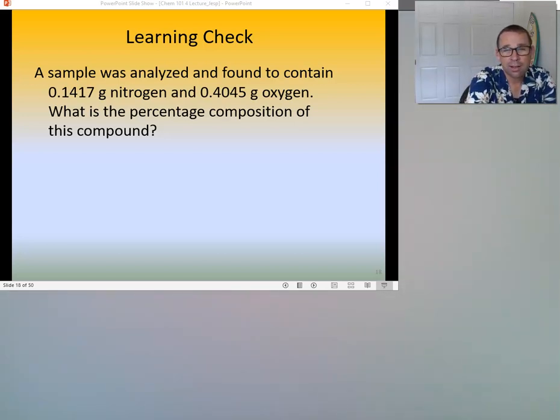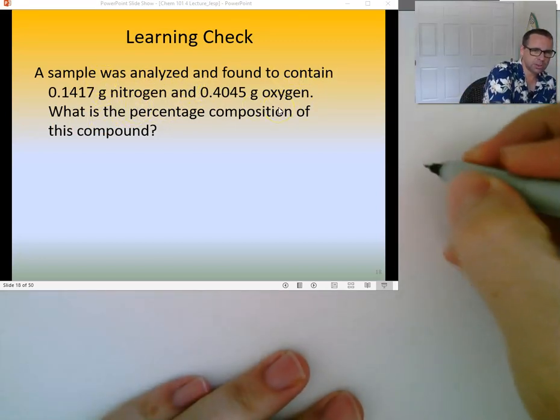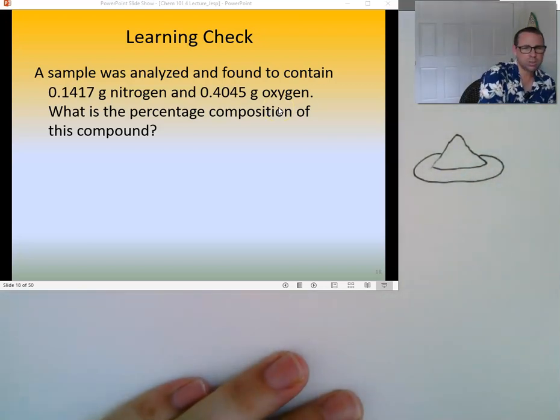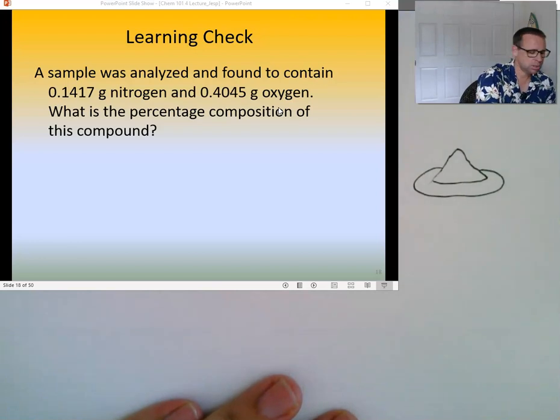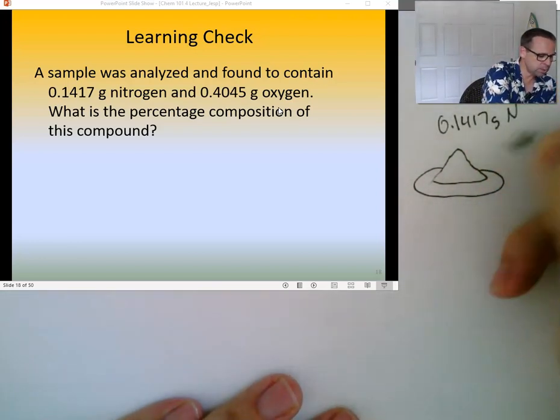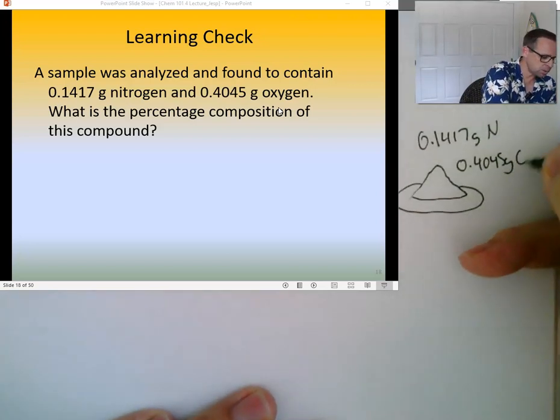I can also find the percentage of my elements. In this case, we're interested in nitrogen and oxygen. Here's the sample. It contains just nitrogen and just oxygen. It has 0.1417 grams of nitrogen, 0.4045 grams of oxygen.